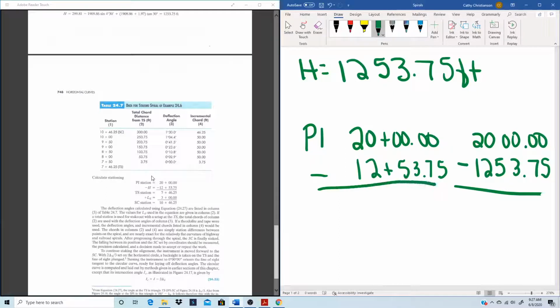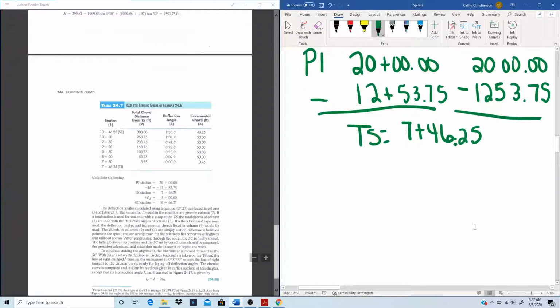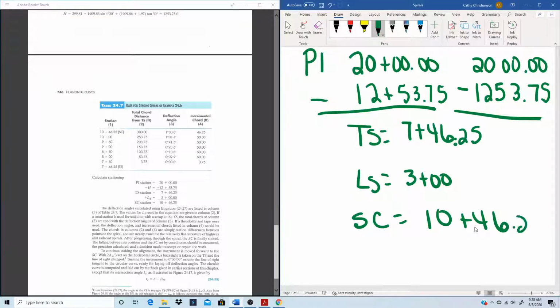So if you solve for that, that's where the spiral begins, is TS, 7 plus 46.25. And then they gave you LS, which is length of the spiral. So LS was given, and that was 300 feet. So it'd be 3 plus 00. So then where the spiral goes to the curve, that station would be 10 plus 46.25.